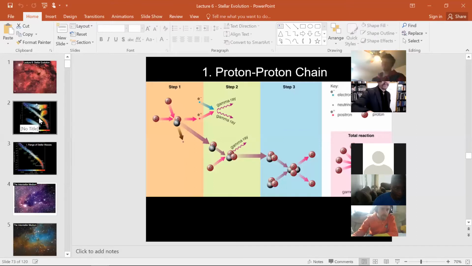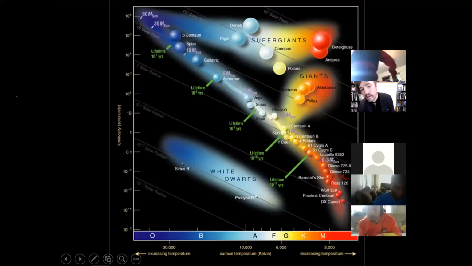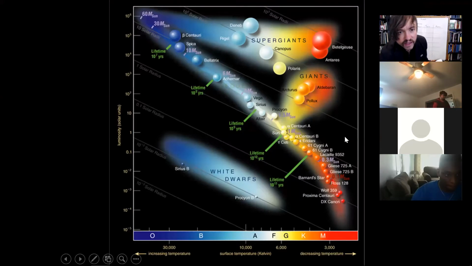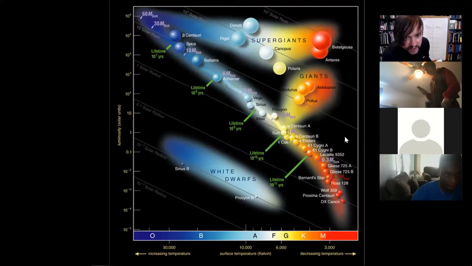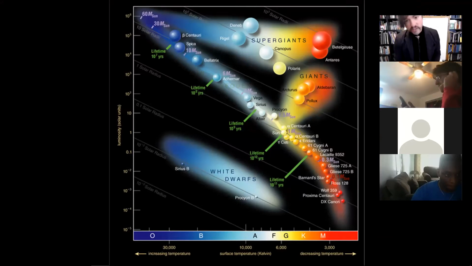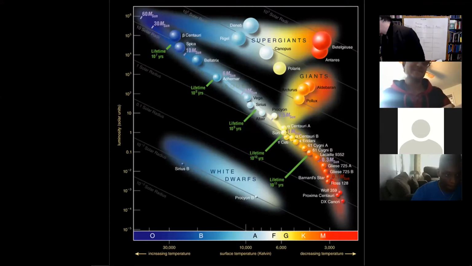Slide 2. Okay, guys, I want you to help me here. Can you find Proxima Centauri and Sirius on this graph for me? Where are they? Circle them with your little notation. I know you guys like to draw all over these pictures, right? Can you guys find them?